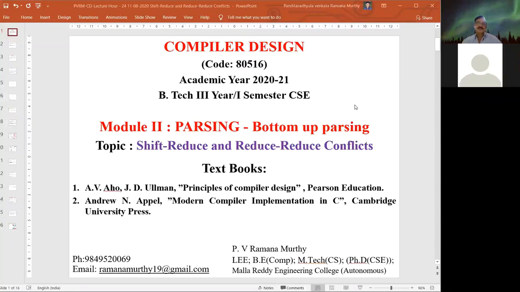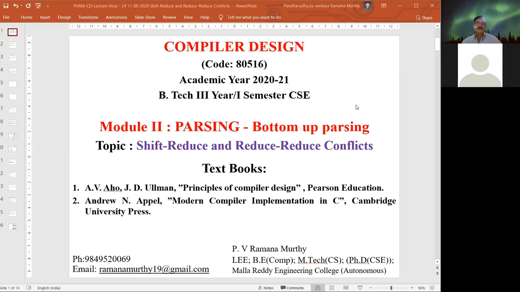So we identified various top-down and bottom-up parsers. Bottom-up parsers are basically shift-reduce parsers. In order to perform the shift and reduce operations, we are constructing a parser table.